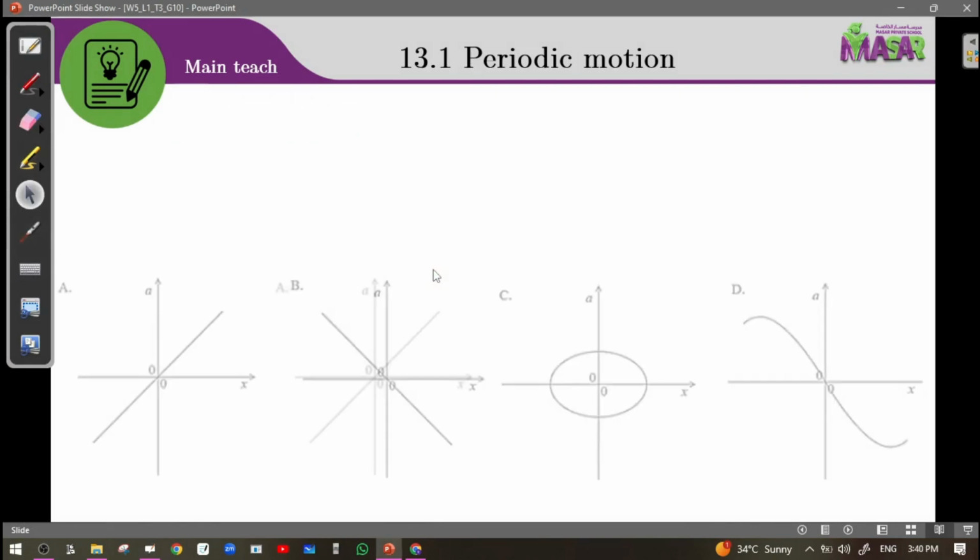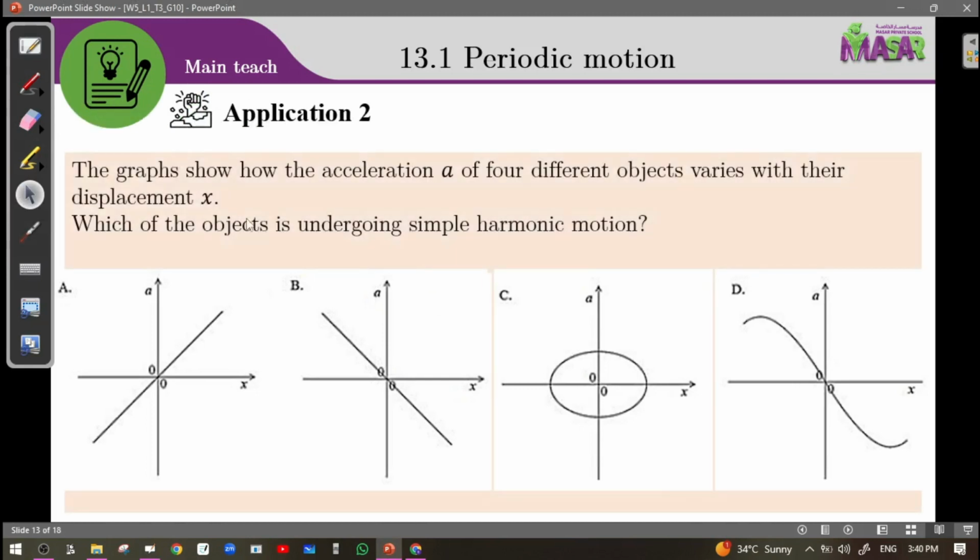Okay, application 2. The graphs show how the acceleration a of 4 different objects varies with their displacement x. Which of the objects is undergoing simple harmonic motion? We know that for oscillatory motion or simple harmonic motion, the acceleration is related to the position with this linear equation.